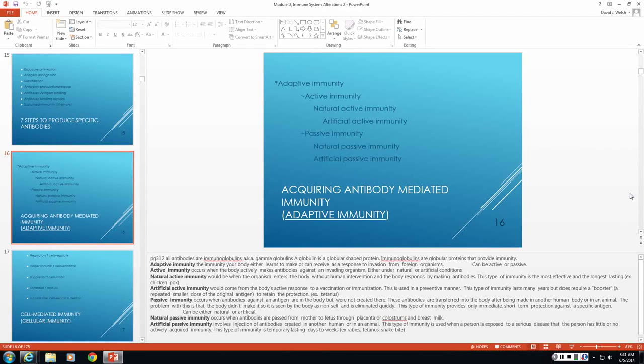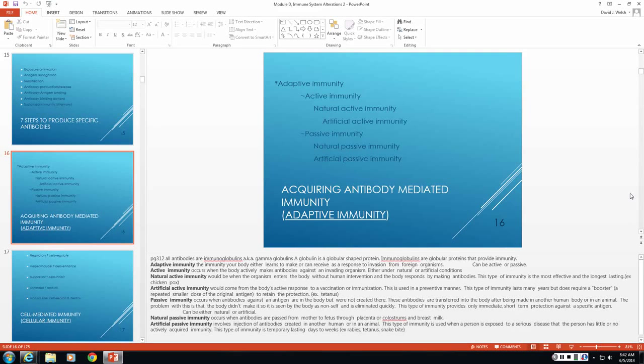Now your natural passive immunity occurs when antibodies are passed from a mother to a fetus through the placenta, colostrum, or the breast milk. Now your artificial passive immunity involves the injection of antibodies created in another human or animal, and this type of immunity is used when a person is exposed to a serious disease that the person has little or no actively acquired immunity.